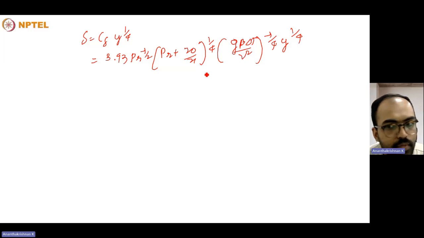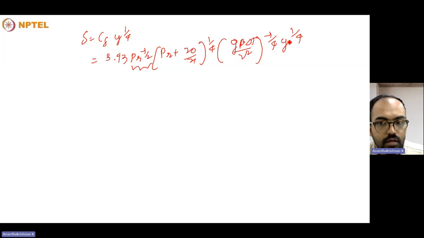So we do some kind of a manipulation. We know that Rayleigh number is equal to Grashof number into Prandtl number. So the Prandtl number term is there, and g beta delta T. If you assume a Y value, we can take the Y value outside and calculate the value.